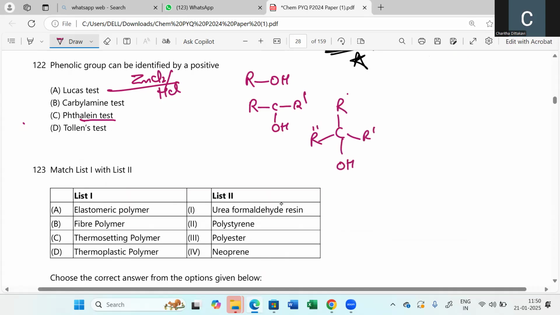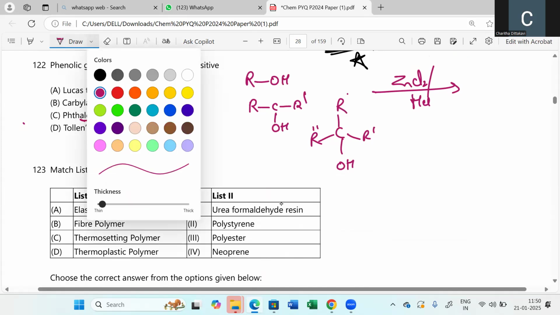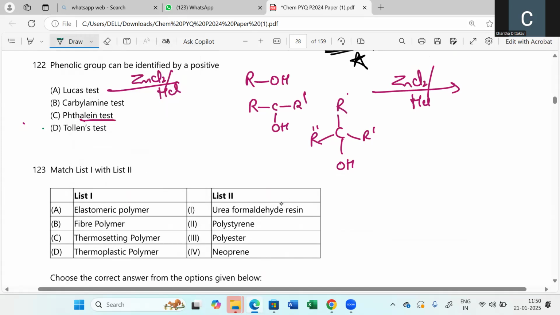Is that this group? This is tertiary alcohol. So in the case of tertiary alcohol, in the presence of ZnCl2 and HCl, instant turbidity is given by the Lucas test. Instant turbidity. Okay, you would get your X here. So see, this R dash and R double dash with X you will get instantly.